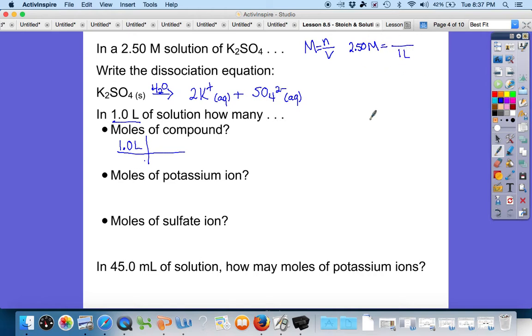And we also know that we have 1 liter of solution. So if we cross multiply and we solve for n, we're going to get 2.5 moles of our compound per liter of solution.